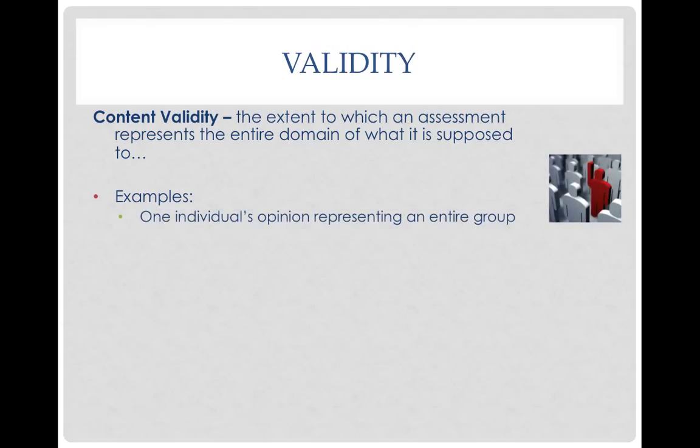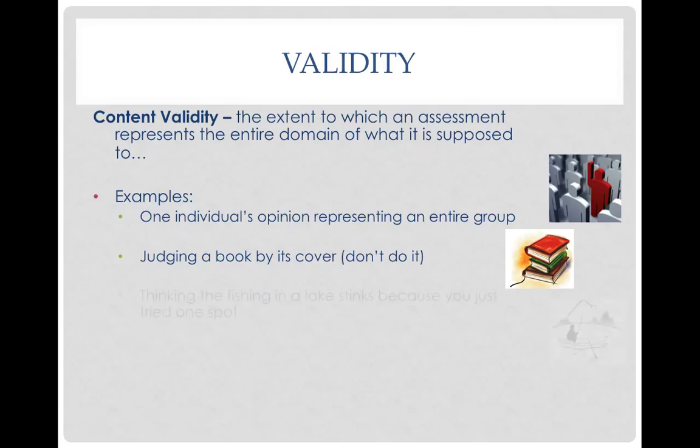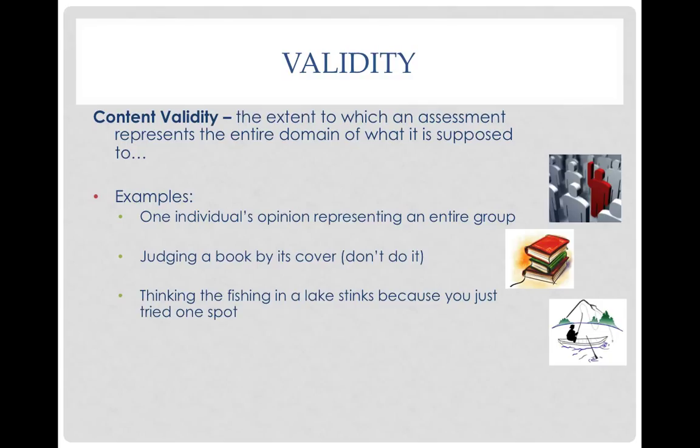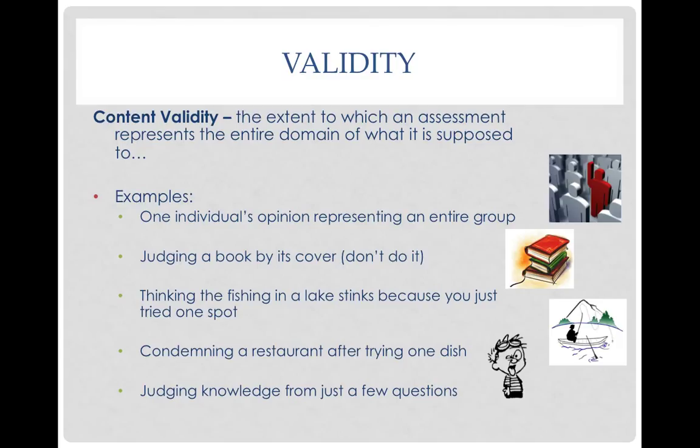So, the idea of equal representation, an appropriate, accurate representation, one individual representing a group, looking at a book and making a judgment based on its cover, thinking that all the fish are gone because you haven't caught anything, thinking that everything a restaurant makes is bad because you have just one bad experience, and thinking what students know based on asking them 1 or 2 questions. These are all examples where content validity is a question, and content validity might be low because I only have a very small sampling.